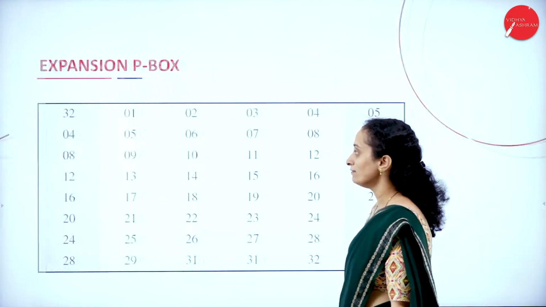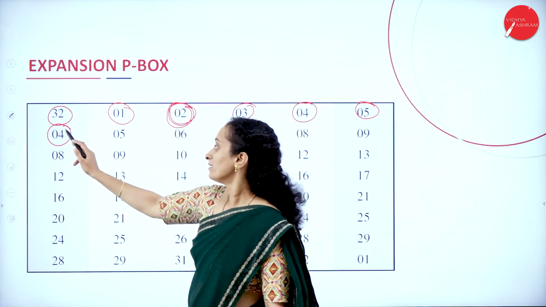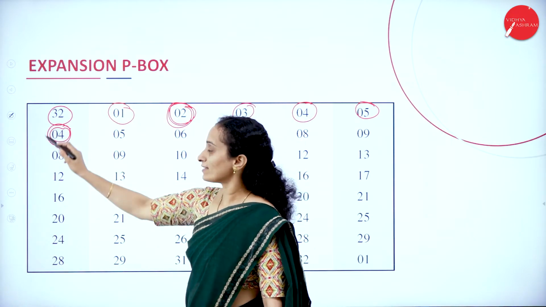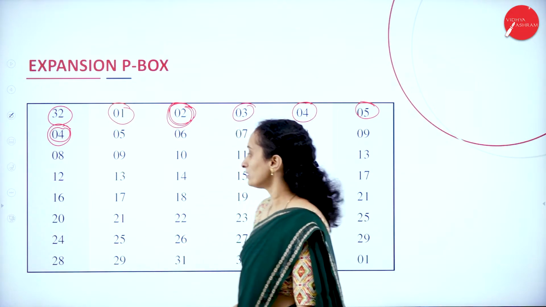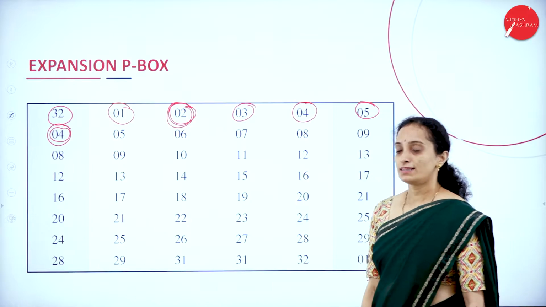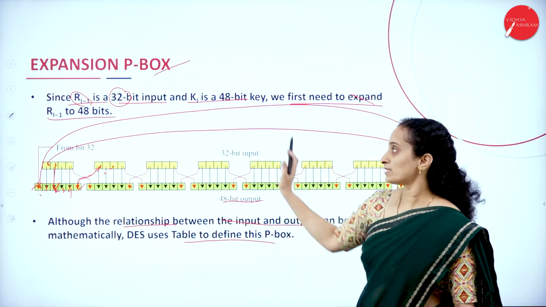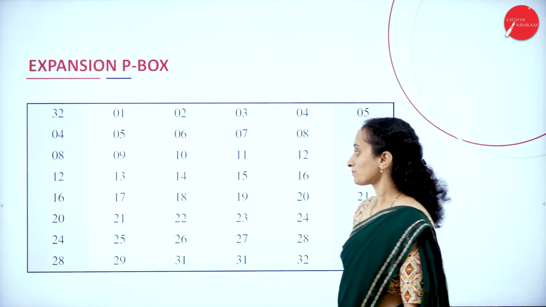Here you can observe this is the 7th position and value is 4. 4 is the input port, 7 is the bit in output port or output block. So, this table specifies the input and the output ports in the expansion P box.